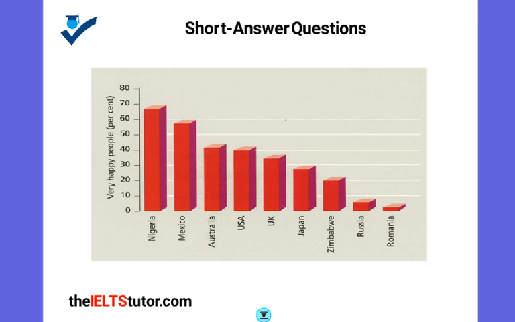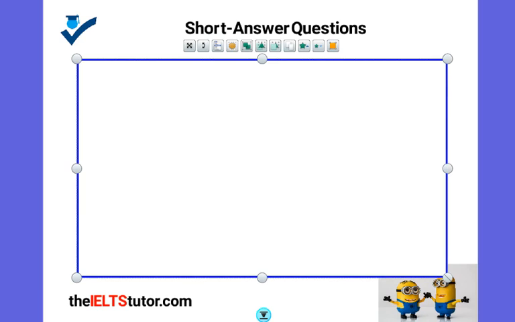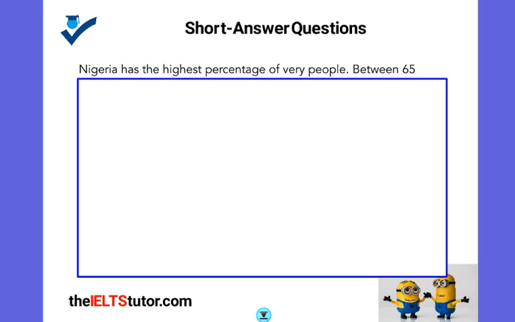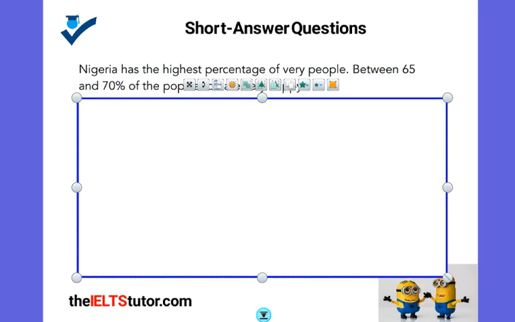Yay! Between 65 and 70% of the population are very happy. You can see that it's quite a high bar there. So this is possibly the statement that you should have written: Nigeria has the highest percentage of very happy people.